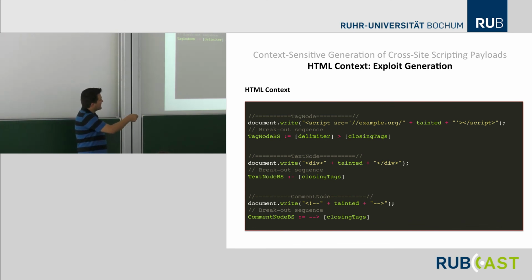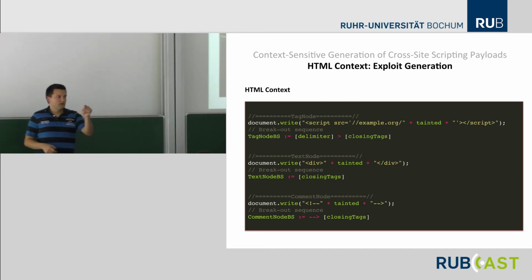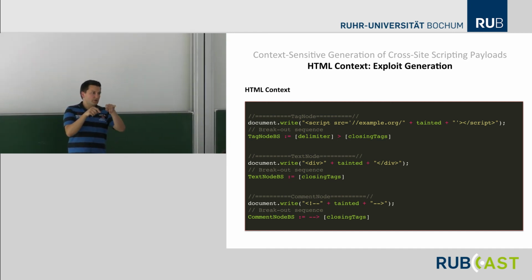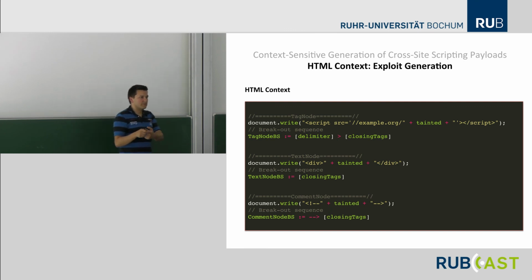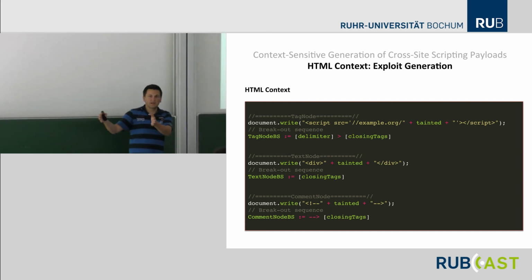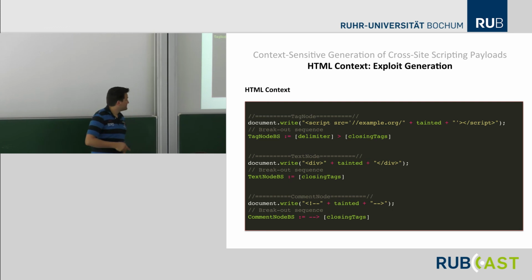And sometimes we also need to close the tag itself. So for example, if we inject into an iframe and we close the iframe tag, we're in between the opening iframe and the closing iframe tag. And things between those tags will not be rendered as long as your browser supports iframes. So you also want to close this iframe tag to insert your script tag behind the iframe.